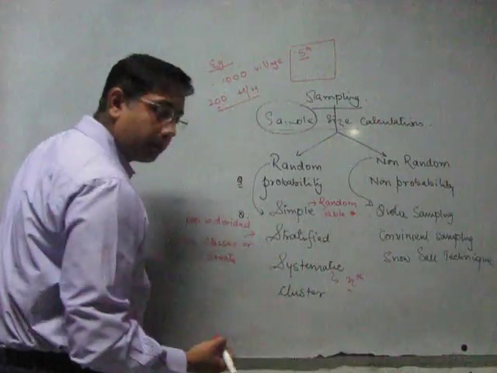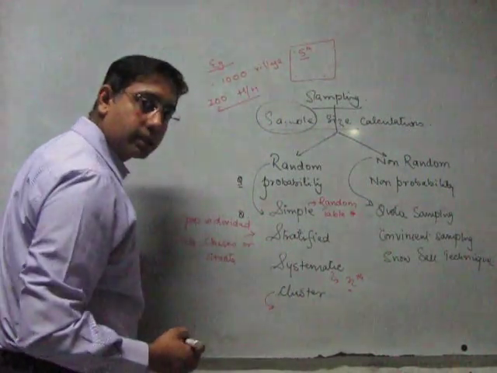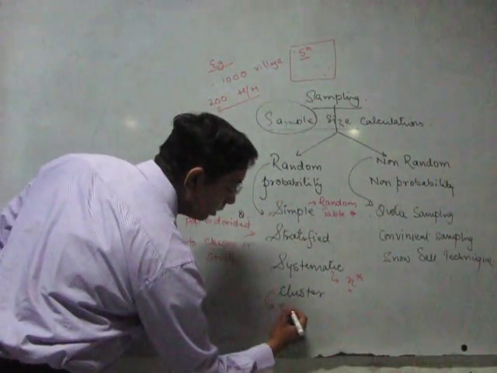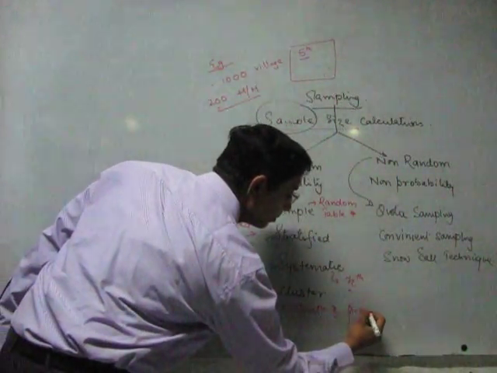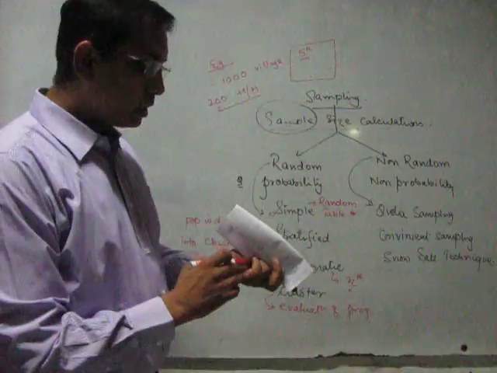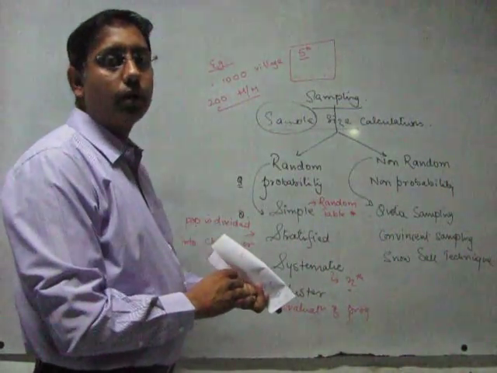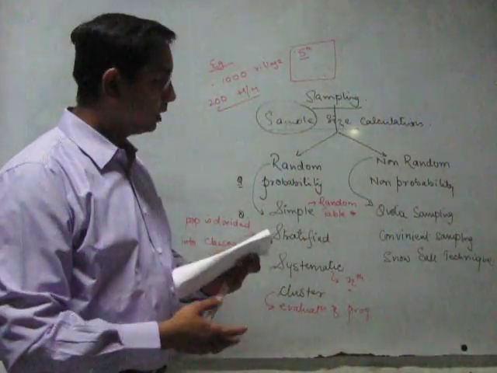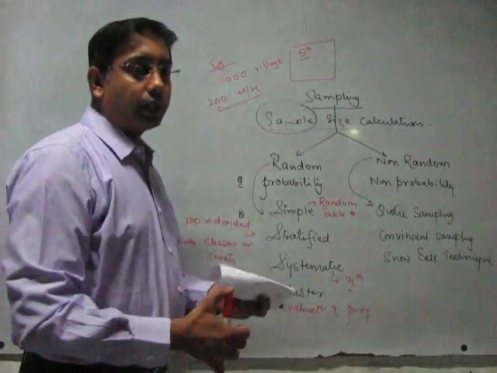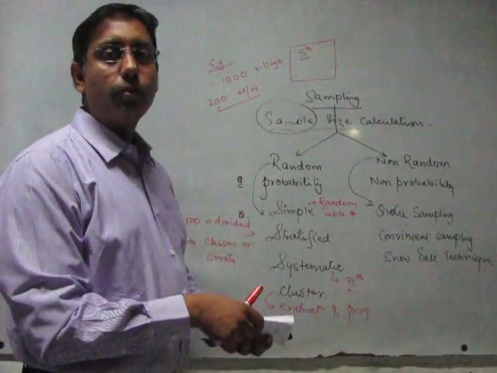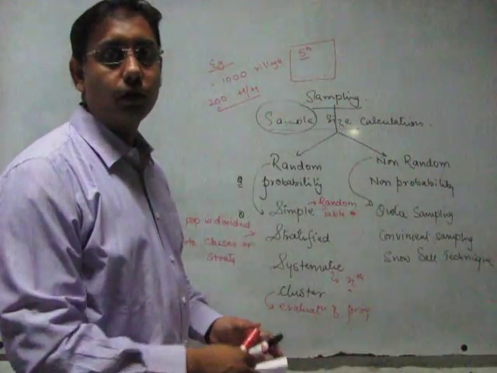Last is cluster sampling. Frequently asked MCQ about cluster sampling: cluster sampling is done for evaluation of programs. For example, there is the universal immunization program whereby we immunize all the children for vaccine preventable diseases. Under this program, if I want to check how the program went in a particular district, how will I go about checking it?